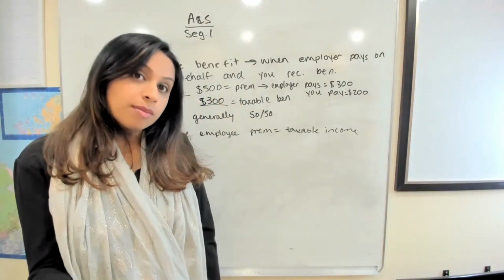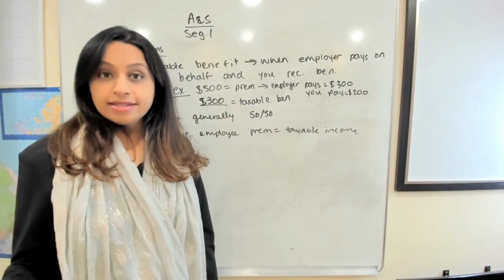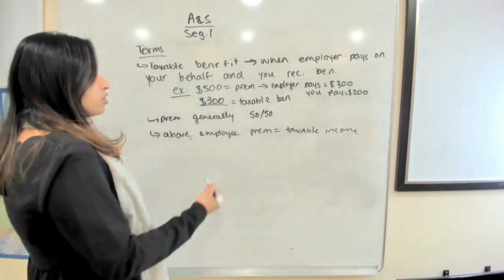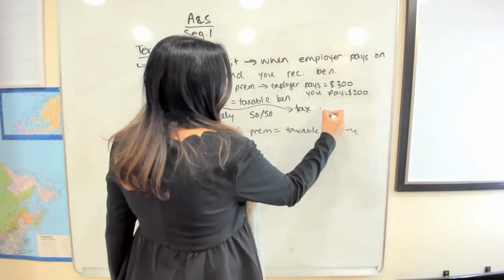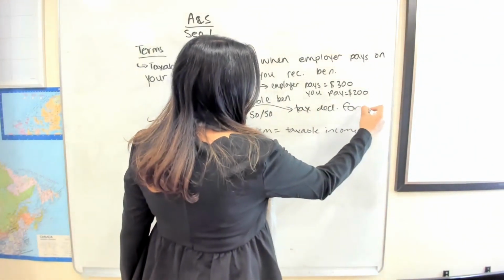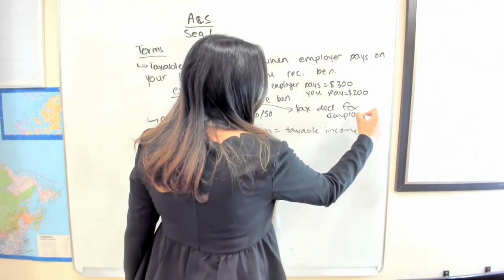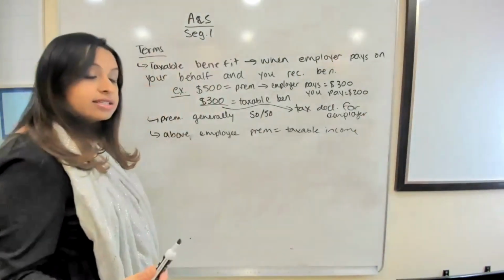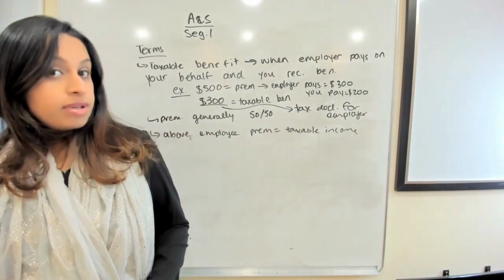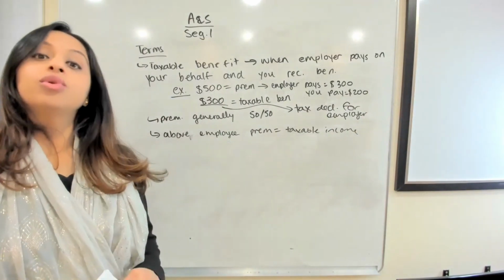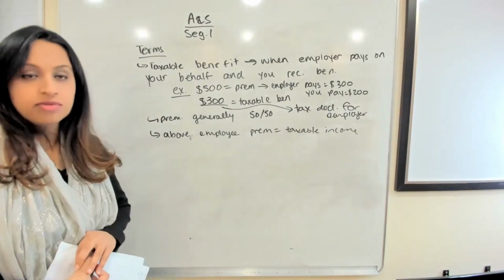That means that it is going to show up on your T4, and it is a taxable benefit. Also, this $300 is tax deductible for the employer. They can deduct this from their taxes, saying that they had invested this into their company in order to make the employee stay longer. So it's a business investment for them.